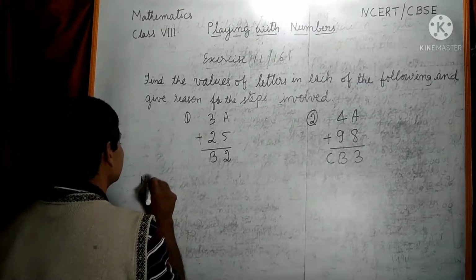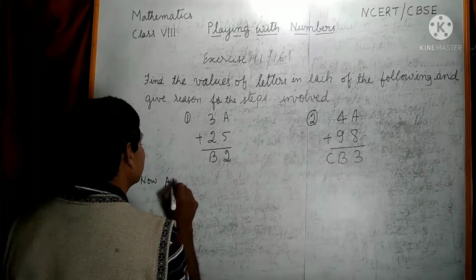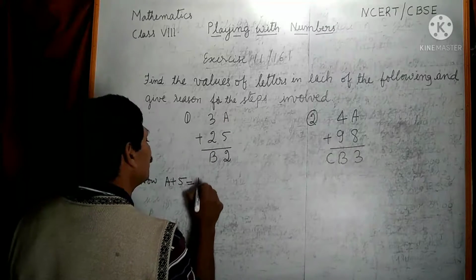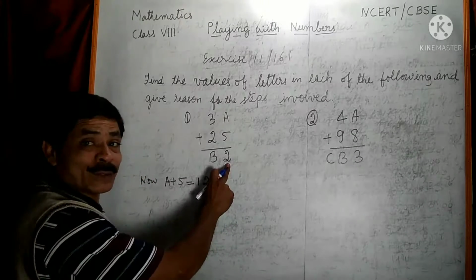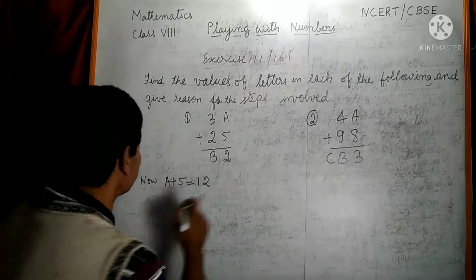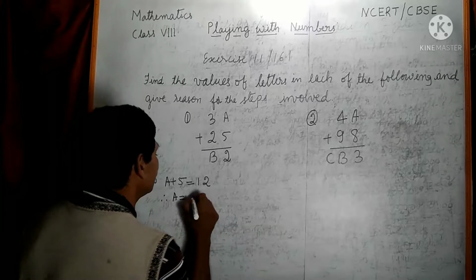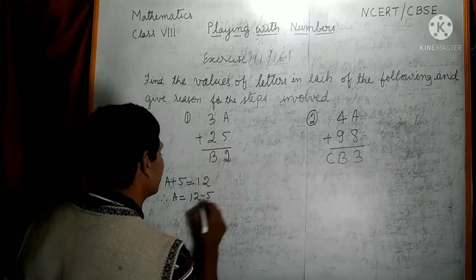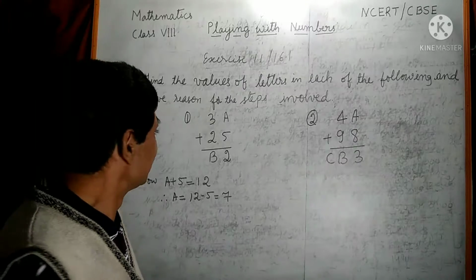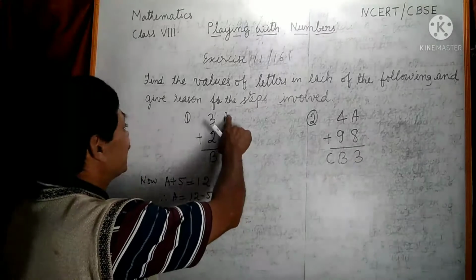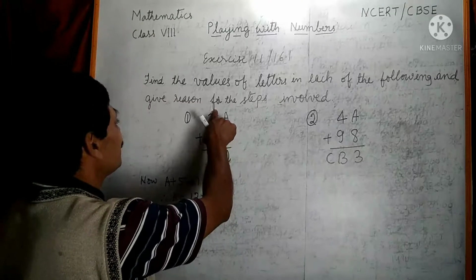Now, A plus 5 is equal to 12 because 2 is in units place and therefore A is equal to 12 minus 5 is equal to 7. So when we take A is equal to 7, it will become 12 and 1 will be carried here.